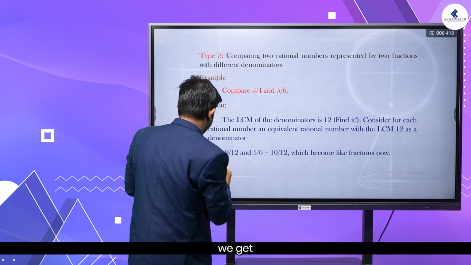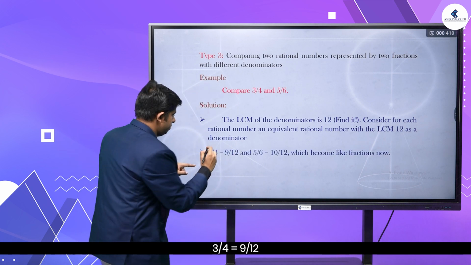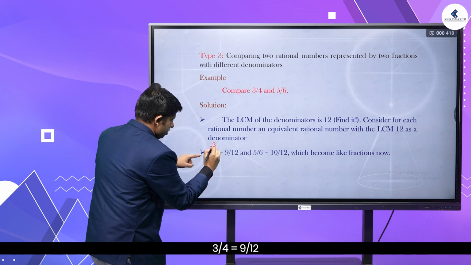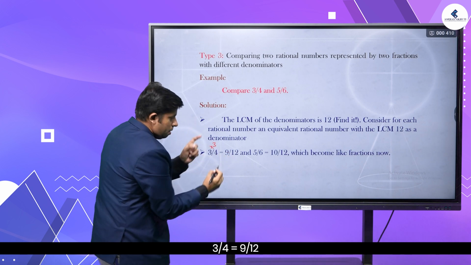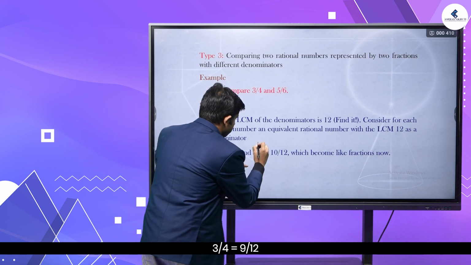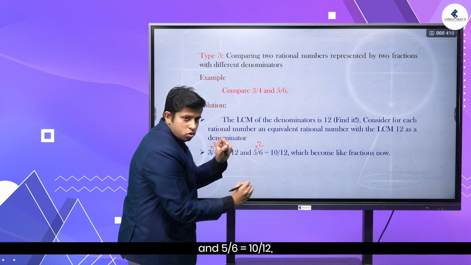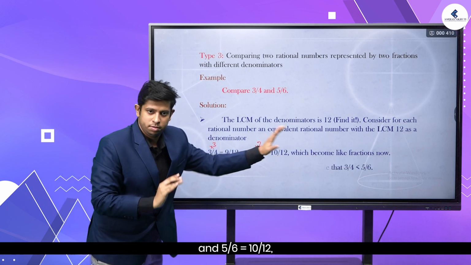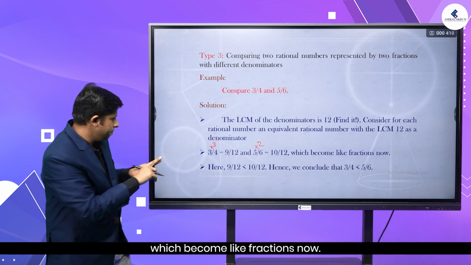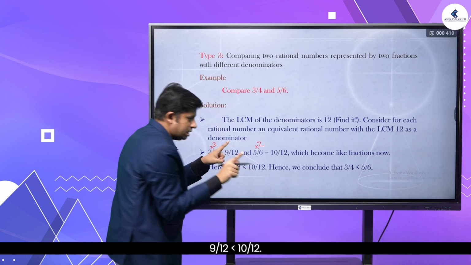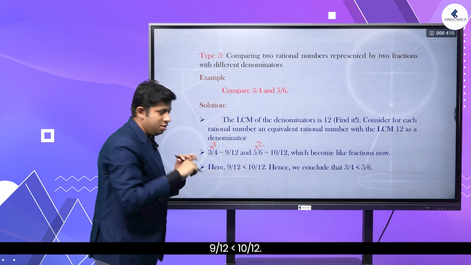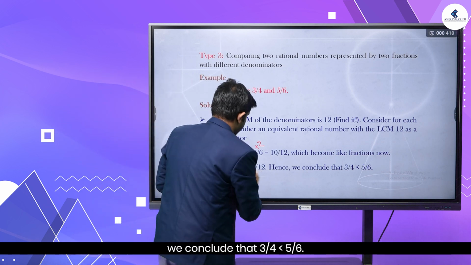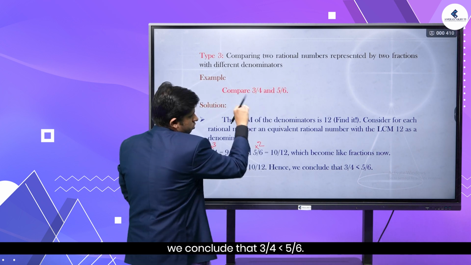We get 3 by 4 is equal to 9 by 12, and 5 by 6 is equal to 10 by 12, which become like fractions now. Here 9 by 12 is less than 10 by 12. Hence, we conclude that 3 by 4 is less than 5 by 6.